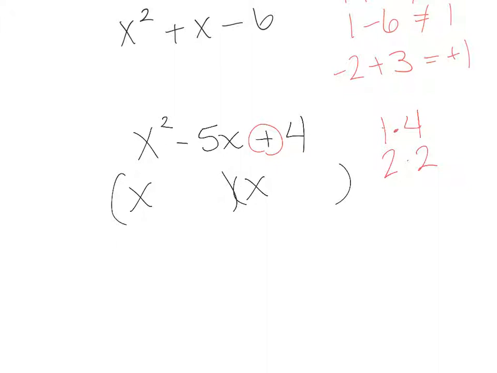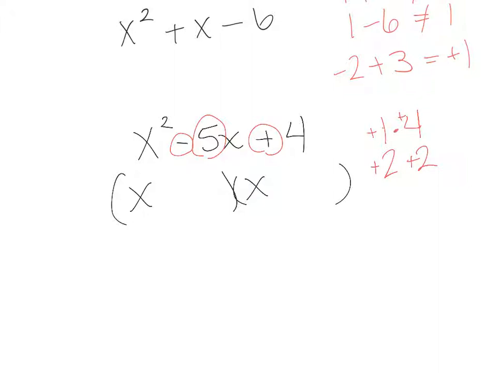Now, I'm going to look at this sign and this value. I need factors of 4 that add up to a negative 5. So if I had the factors as a positive 1 and a positive 4, they are not going to add up to a negative 5. A positive 2 and a positive 2 do not add up to a negative 5.